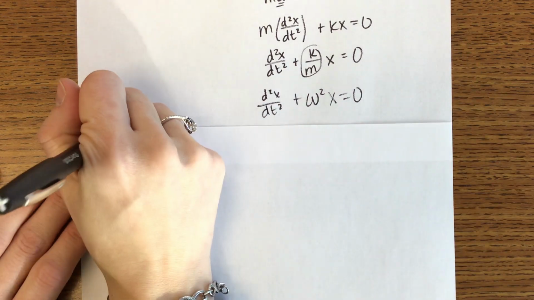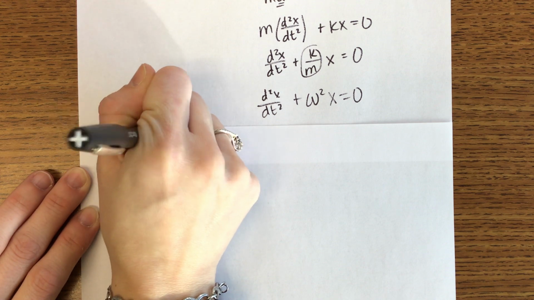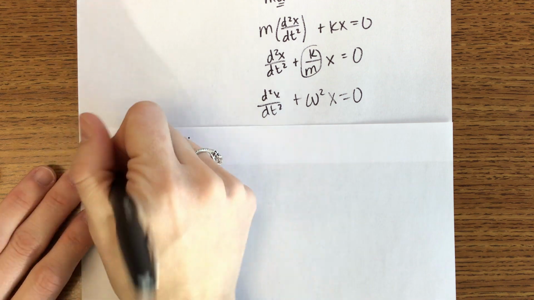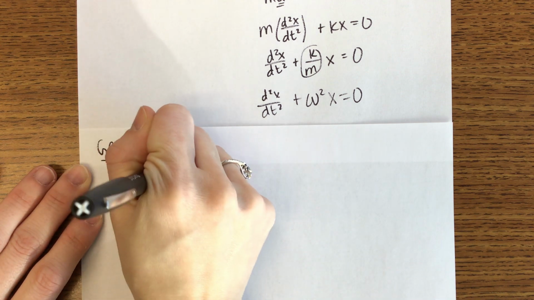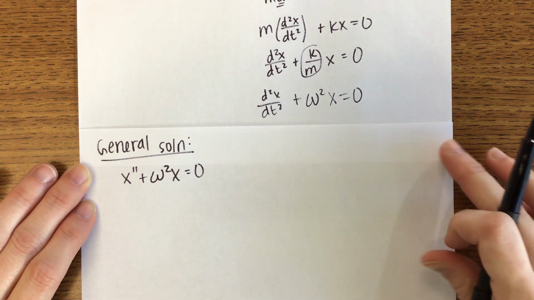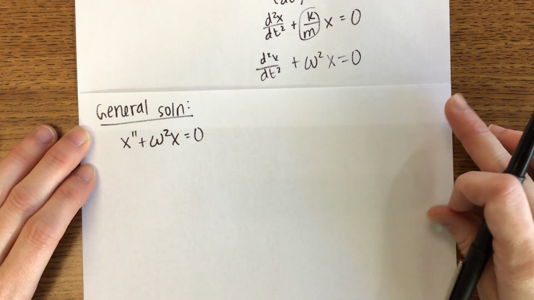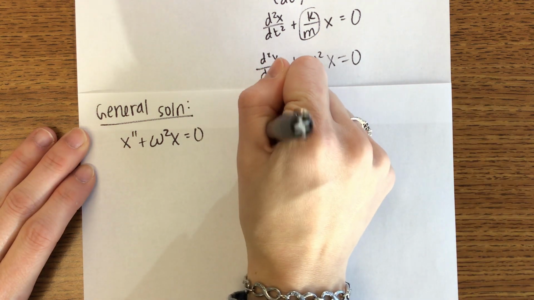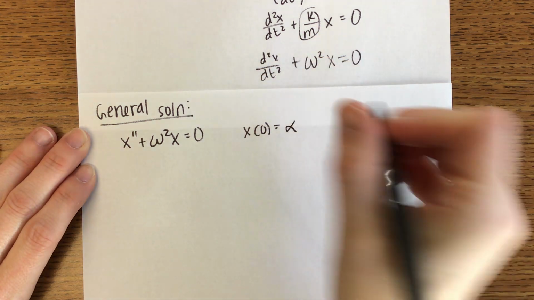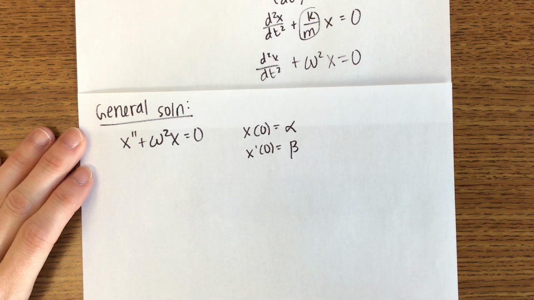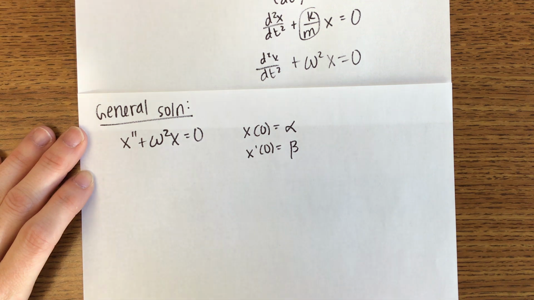Okay, this leads us to our general solution. So the equation that you're going to be looking at is x double prime add omega squared x equals 0. So that's exactly what we have above. How many initial conditions are we going to need to solve? 2. Generally, you'll have x of 0 equals alpha, x prime of 0 equals beta. Okay, let's think about this.